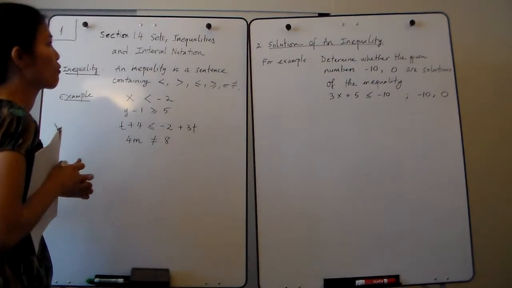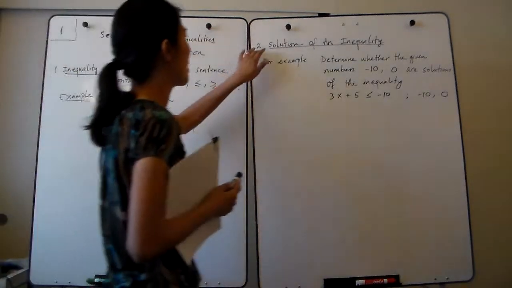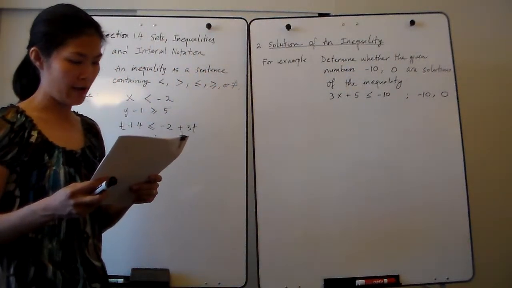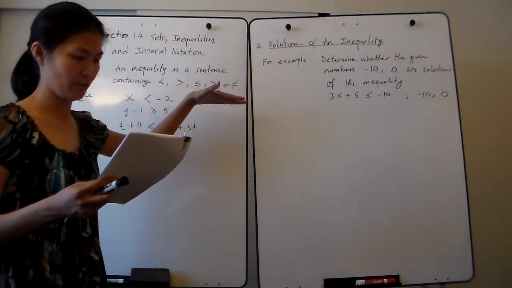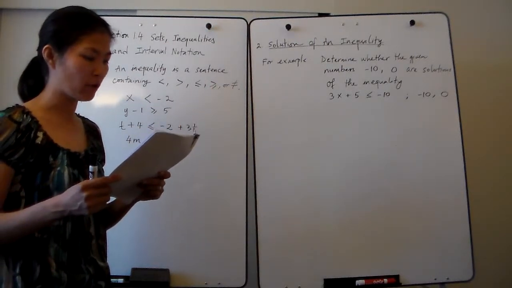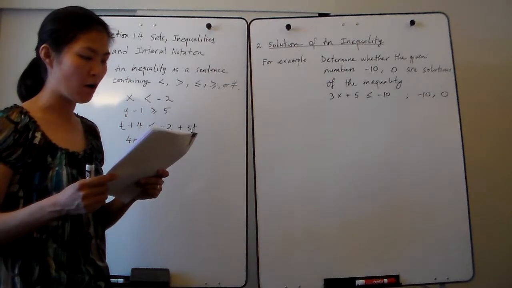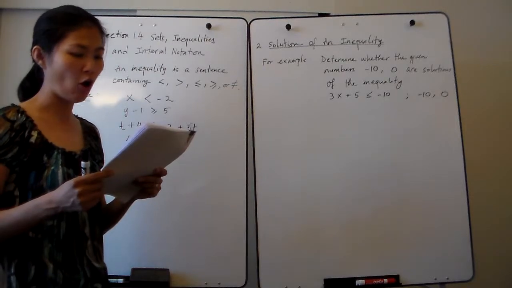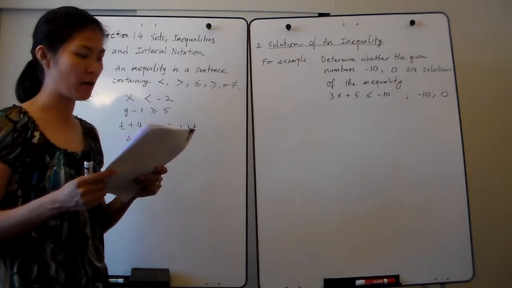All right, next we're going to talk about solutions of an inequality. If you look at my note, I have 3 sentences in there, the first one saying any replacement or value of the variable that makes an inequality true is called a solution of the inequality.